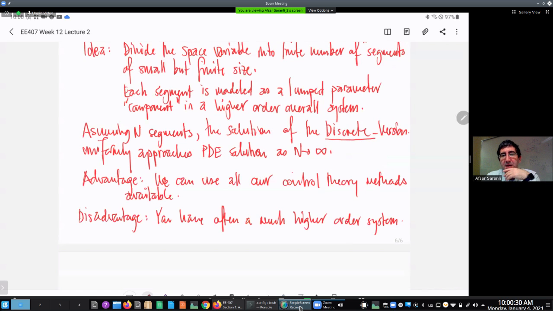And we will see the correspondence between the two. Usually, it's much more intuitive and easier to use the finite element method to arrive at a higher order but ordinary differential equation system.